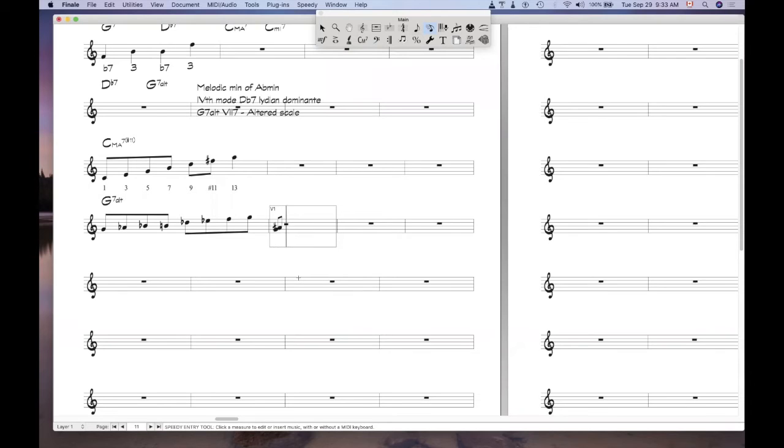G, B flat, D flat, F, A flat, B, and so on. So as you can see, those sounds don't sound dominant. Actually, you get a minor 3rd.